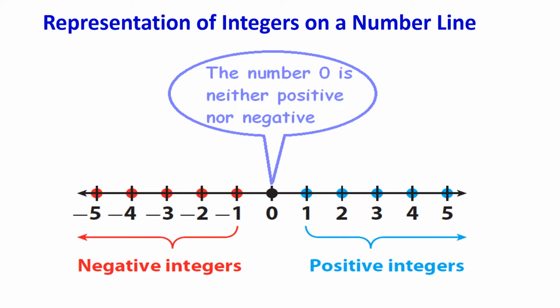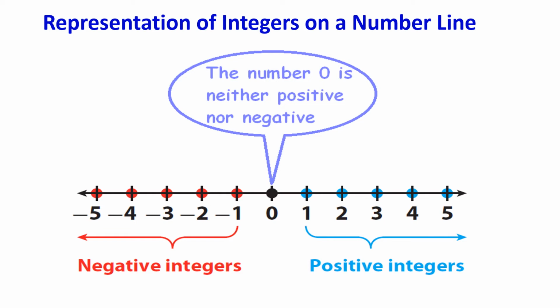Representation of integers on a number line. Students, first you will draw a line and mark some points at equal distance on it as shown in the figure. Mark a point as 0 on it.